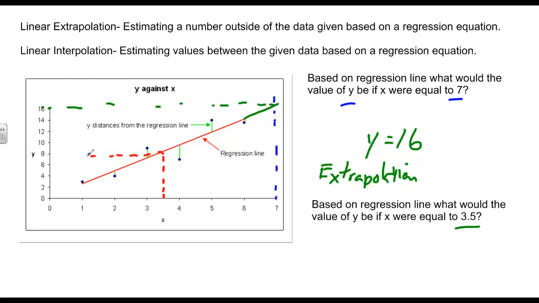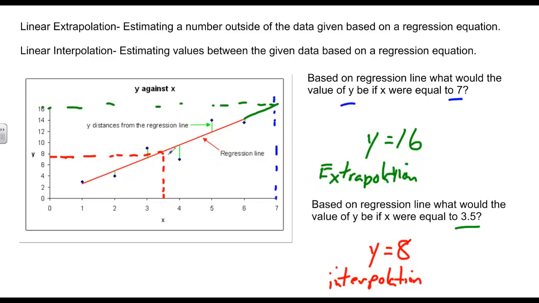Move over and say, well, what would be my estimated y value? Well, in this case, y would equal roughly about 8. And this is interpolation. So it's finding y values within the values already given to us from a line calculated.